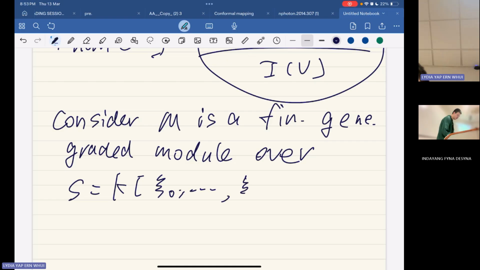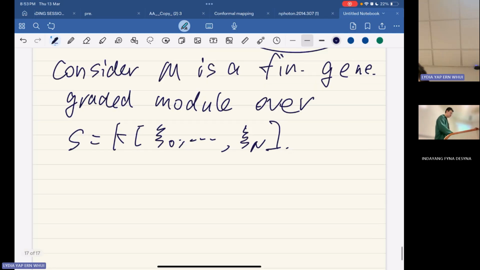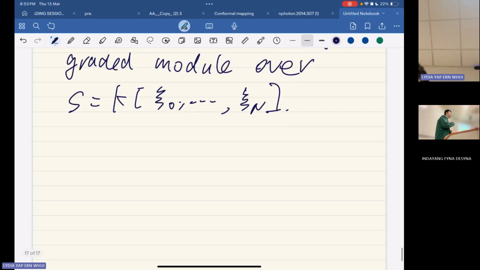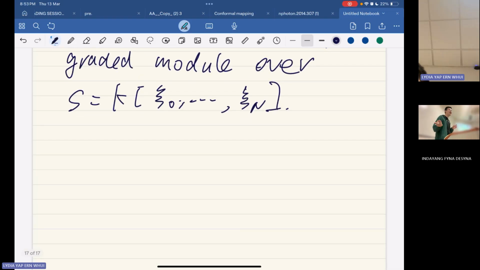I think you can change it into S equals to K[x0, ..., xn]. And I will say that the whole proof uses mathematical induction, and we will start induction from n equals to -1. Why -1? Because even if we start from n equals to 0, S should be equals to K[x0]. It's also a polynomial ring.